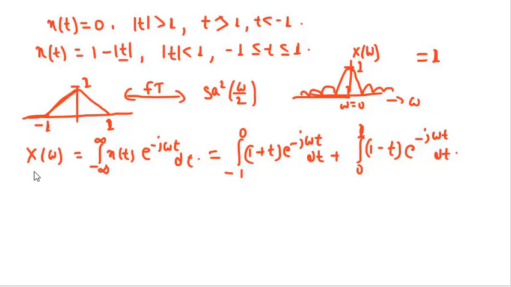After solving this equation, you will get X of omega as sampling square of omega by 2.